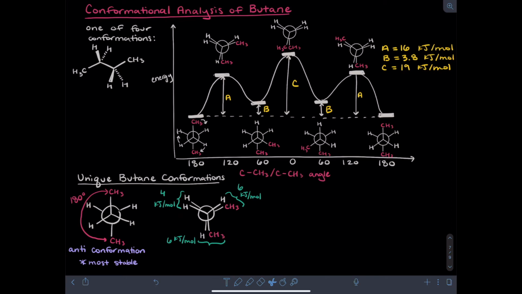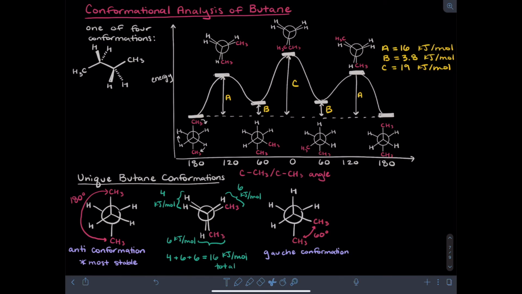Each instance of a methyl eclipsing a hydrogen has an energy cost of 6 kilojoules per mole. So I would predict my energy of this conformation relative to my most stable one. This would be 16 kilojoules per mole total. This prediction is correct, and notice that the value for A that was measured experimentally was 16 kilojoules per mole.